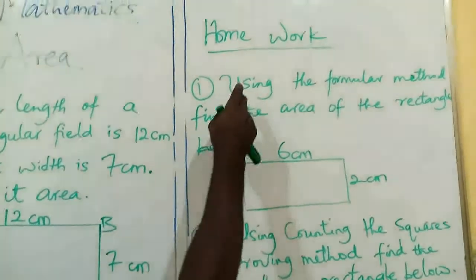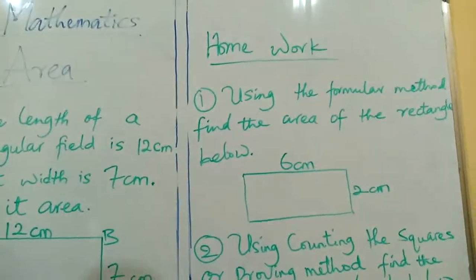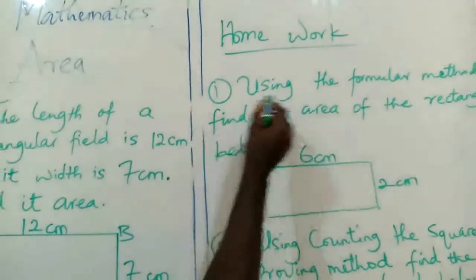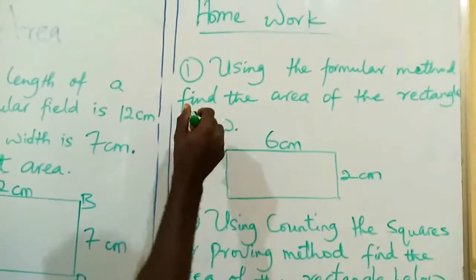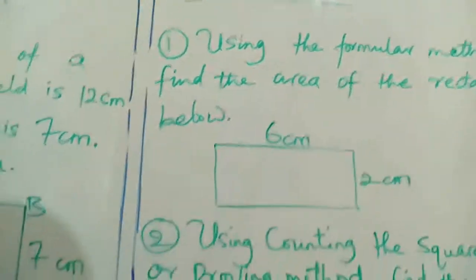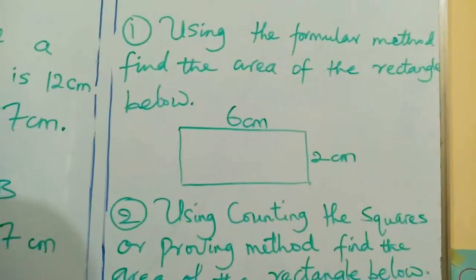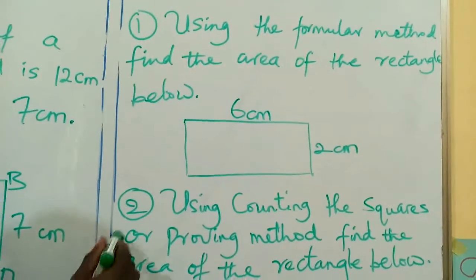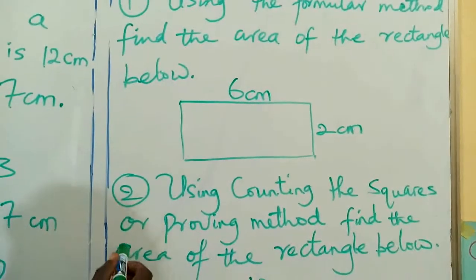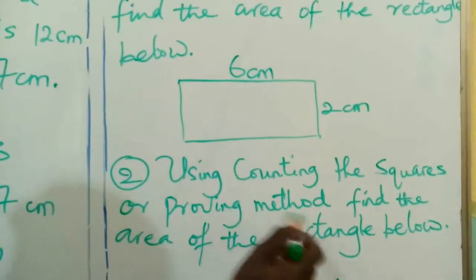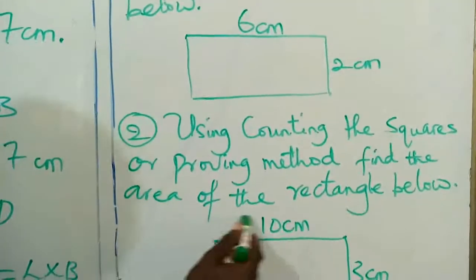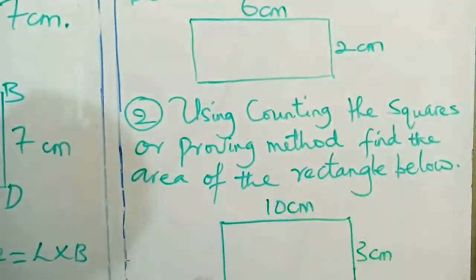Alright children, this is your homework for the week. The questions we have here: number 1, using the formula method, find the area of the rectangle below. Here's the rectangle. Number 2, using the counting the squares method, that's the second method I used, find the area of the rectangle below.